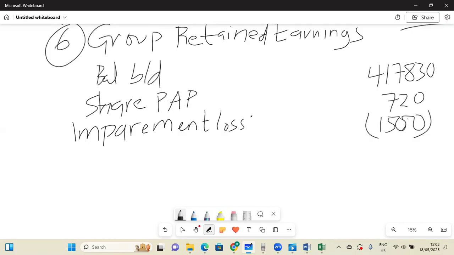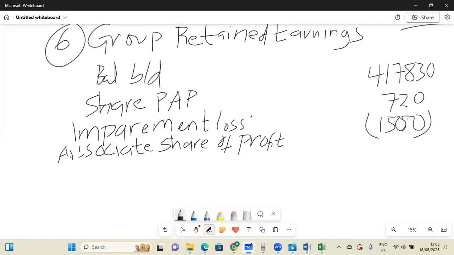Now, the share of profit that we had in the associate will also come here.